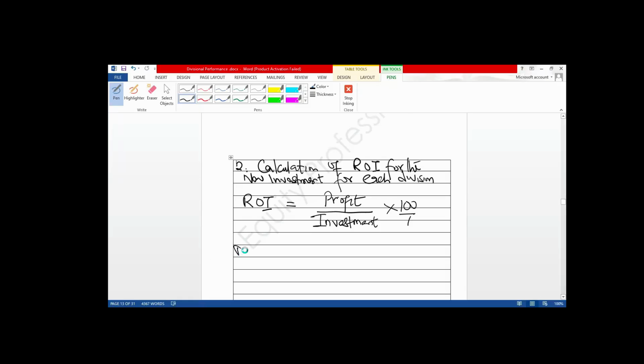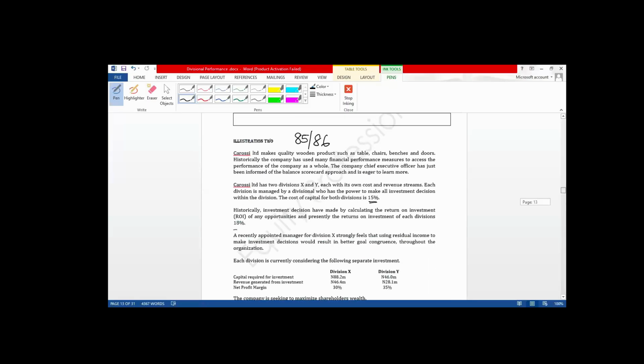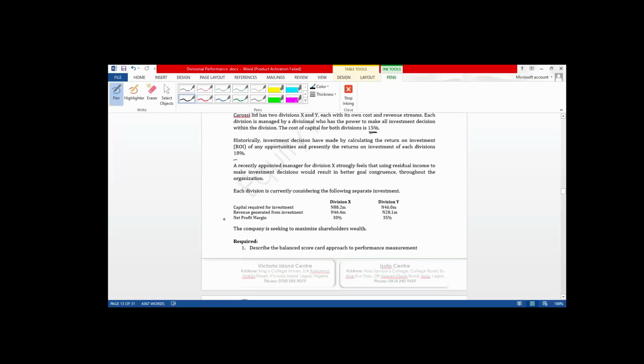Now for division X, investment required is 88.2 million. Revenue generated from the investment, 46.4 million.